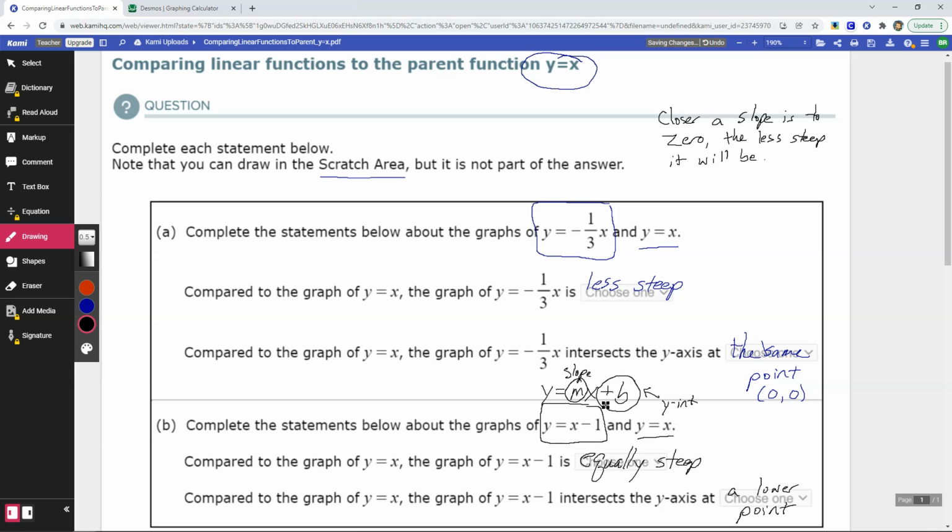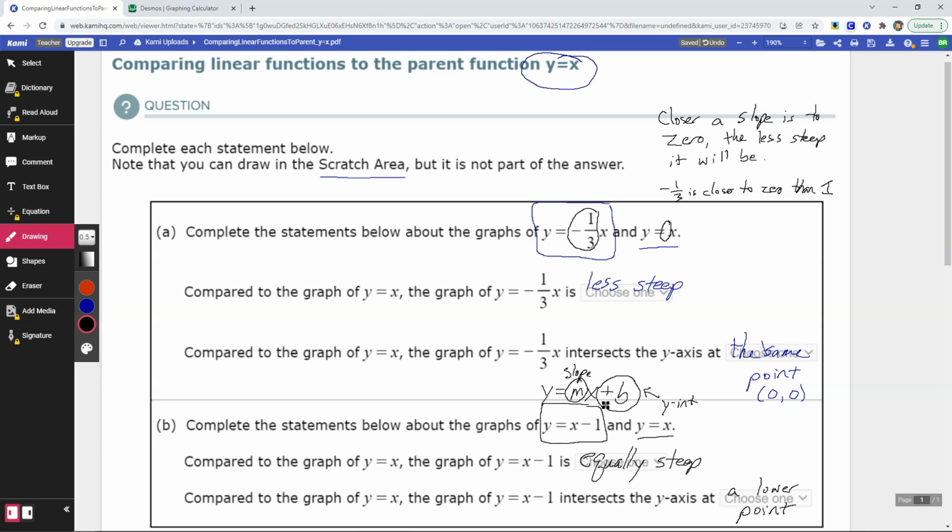So notice that negative 1/3 is closer to 0 than 1, which is why negative 1/3 is less steep than 1.